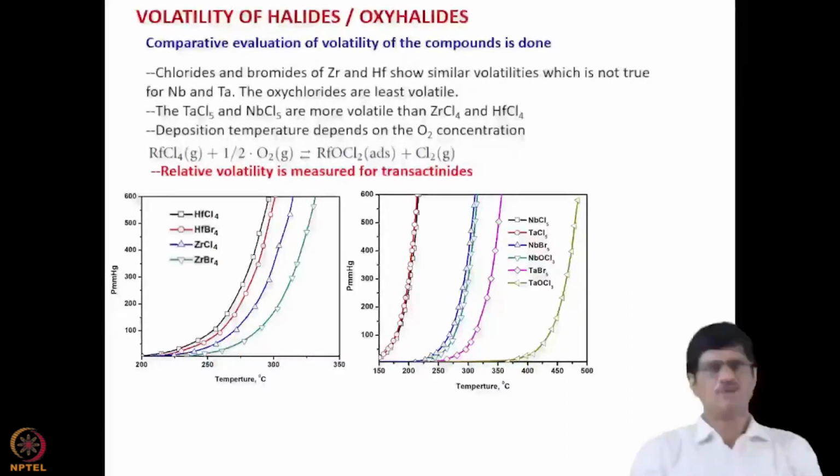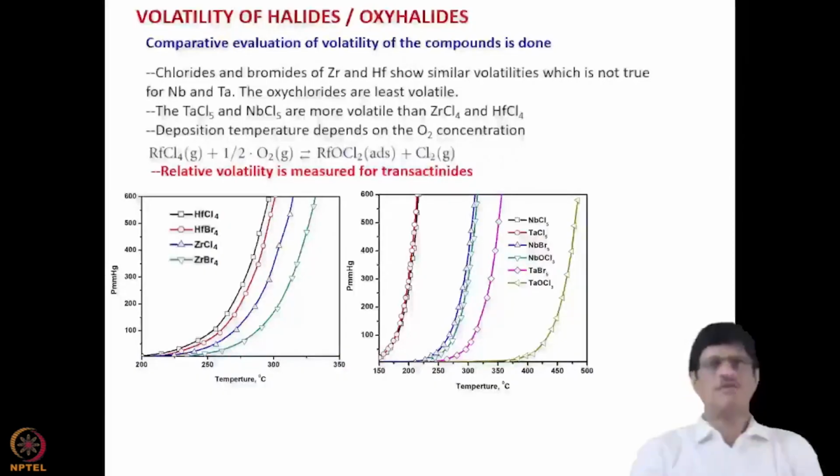A similar comparison can also be done with the bromide complexes like ZrBr4 and HfBr4. In the same way, we can also compare the volatility of element 105 chlorides, bromides or oxychlorides, that is the dubnium compounds, with that of the tantalum as well as the niobium compounds.